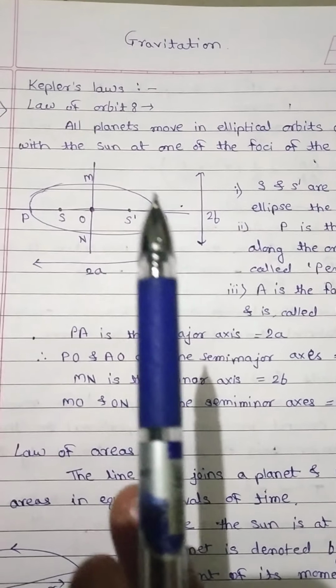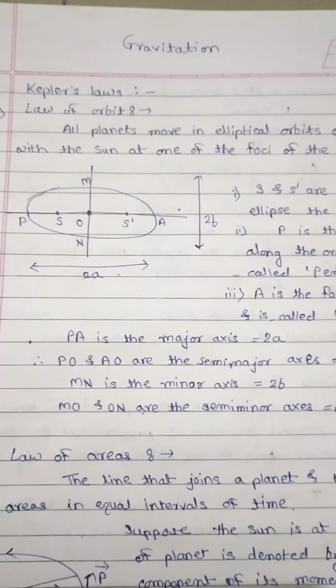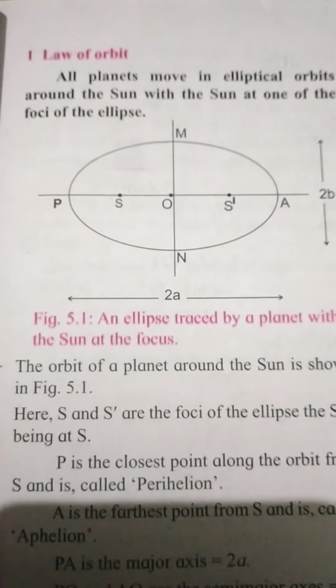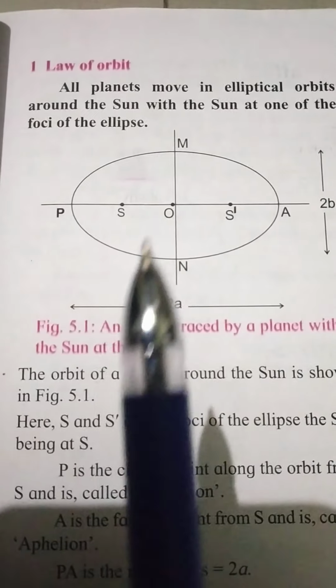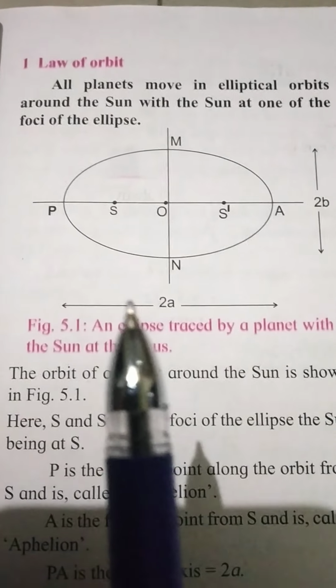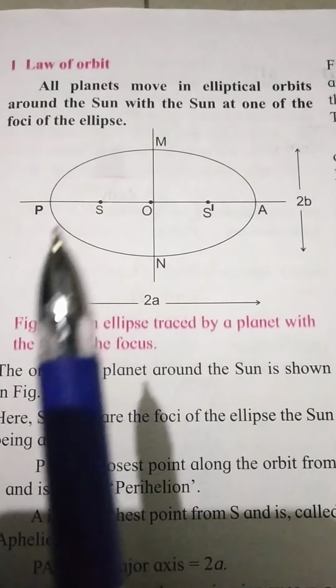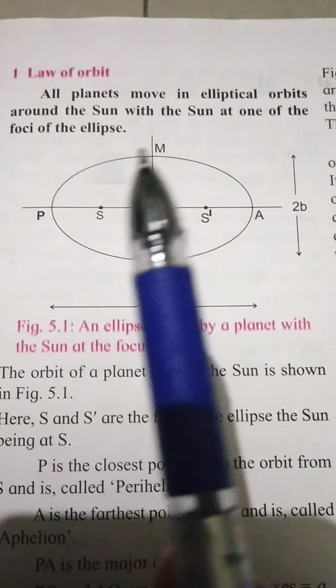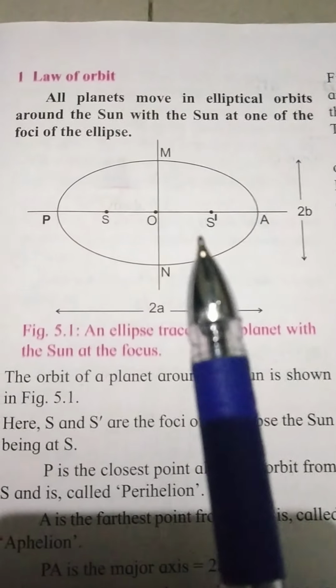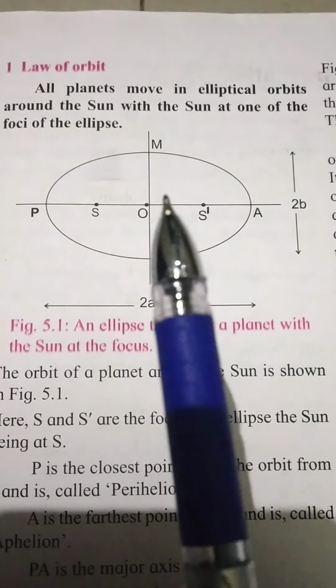These diagrams show a description of this law of orbits statement. This diagram is an ellipse traced by a planet with the Sun at the focus.